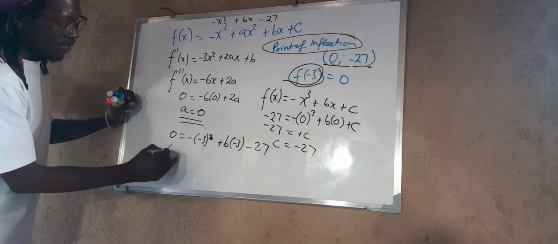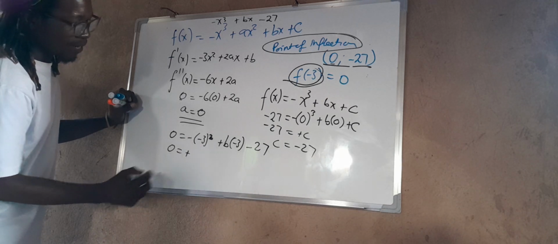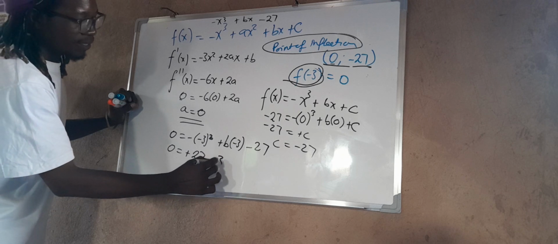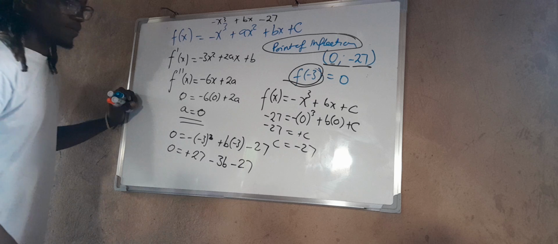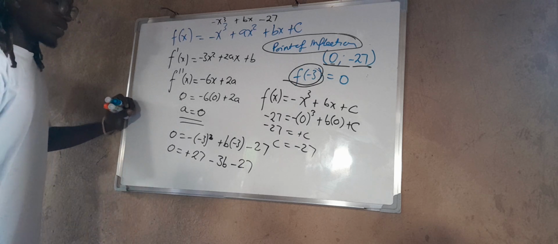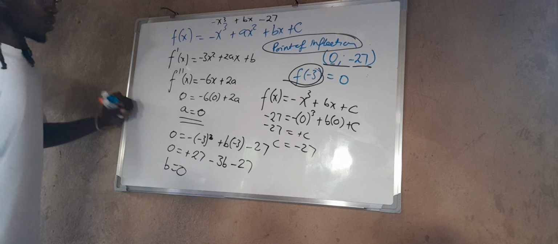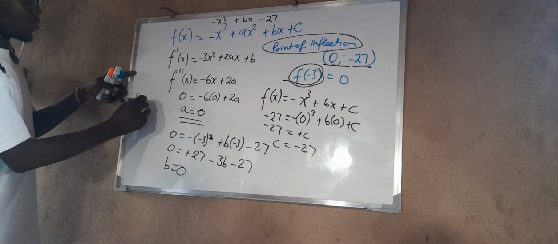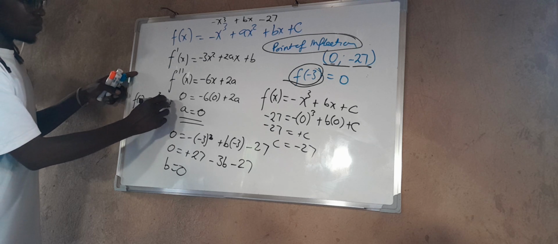So 0 becomes positive 27, minus 3b, minus 27. So what do we get here? b becomes 0. So our b is equal to 0. So our equation now becomes f of x is equal to negative x cubed minus 27.